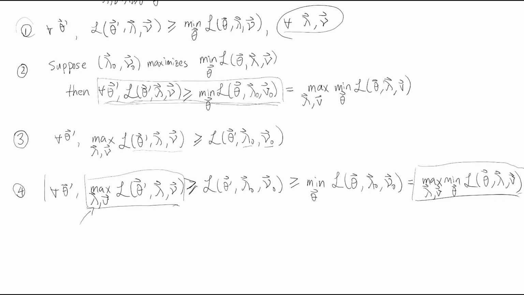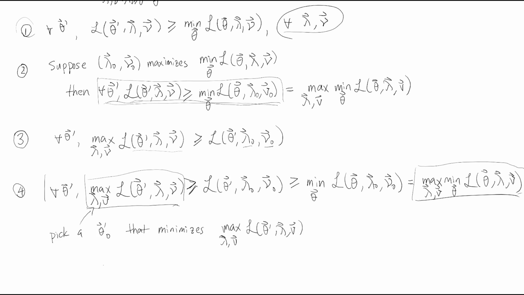Remember, L used to be a function of theta, lambda, and nu, but after having maximized over lambda and nu, this is only a function of theta. So pick a theta prime 0 that minimizes this function, and this inequality would still be true.